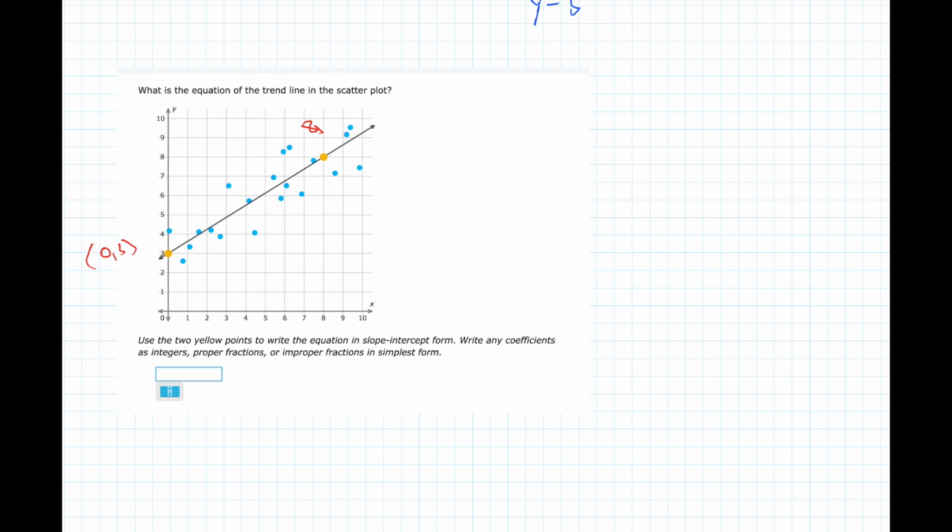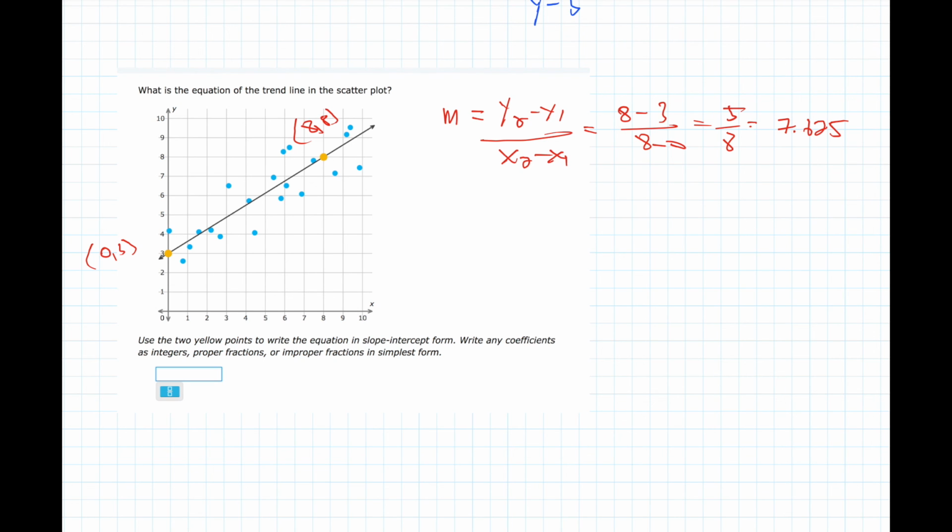Okay. What's the first step? Yeah, 8 minus 3 over 8. Perfect. So y2 minus y1 over x2 minus x1. So you have 8 minus 3 over 8 minus 0, which is what? Is that the same as 5 over 8?